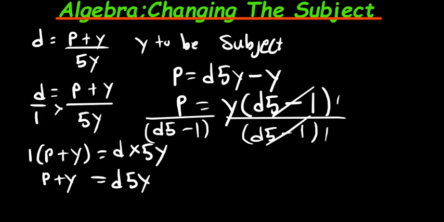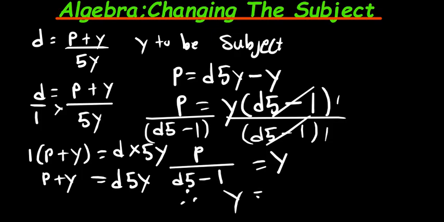So y will be equal to p over (d5 - 1). Therefore in this case, y is the subject of the formula. That's how you make y the subject of the formula.